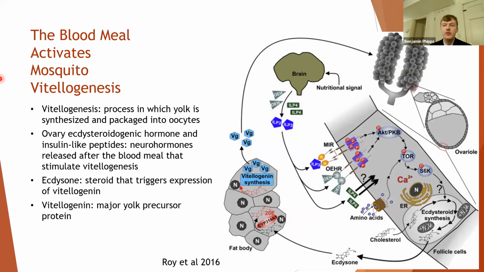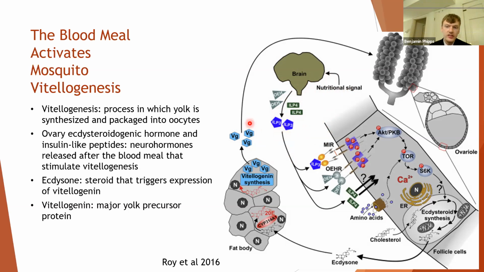The way these pathways are activated is that nutritional signals from the blood meal stimulate the brain to secrete neuropeptides, which include ovary ecdysteroidogenic hormone and the insulin-like peptides, or ILPs, and we're especially interested in ILPs 3 and 4. So this nutritional signal from the blood meal, only the blood meal can activate this vitellogenic process.